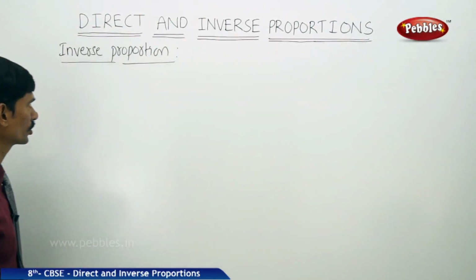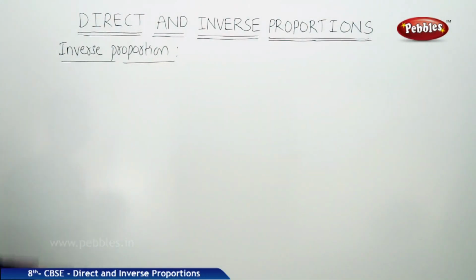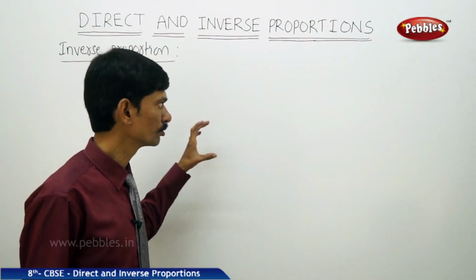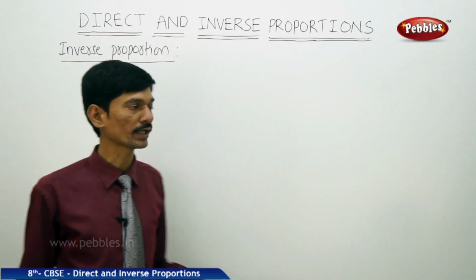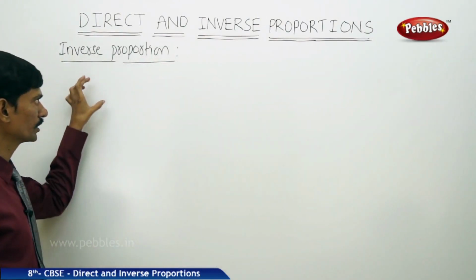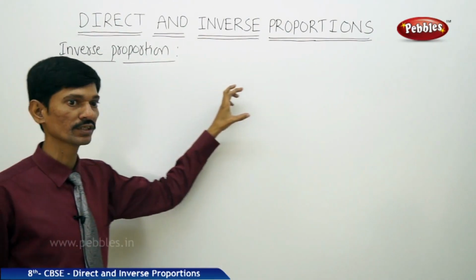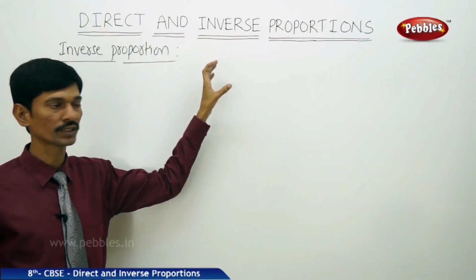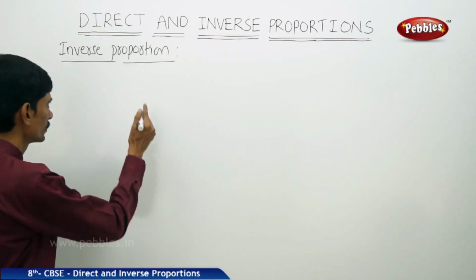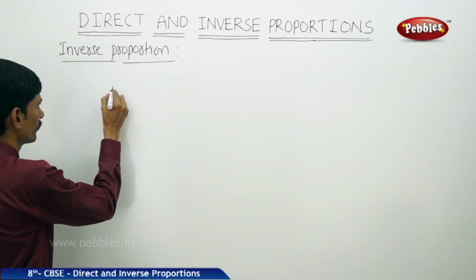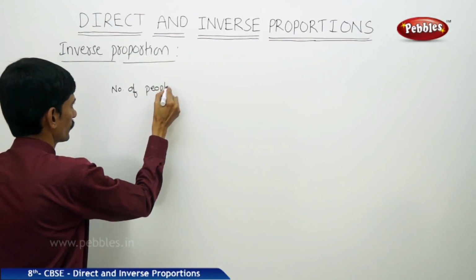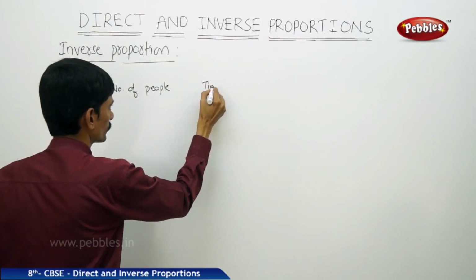Now let us see the next topic, inverse proportion. Let us see first what an inverse proportion is. If there are two quantities such that if one quantity increases, the other decreases, and if one decreases, the other increases. Take the number of people and time taken.